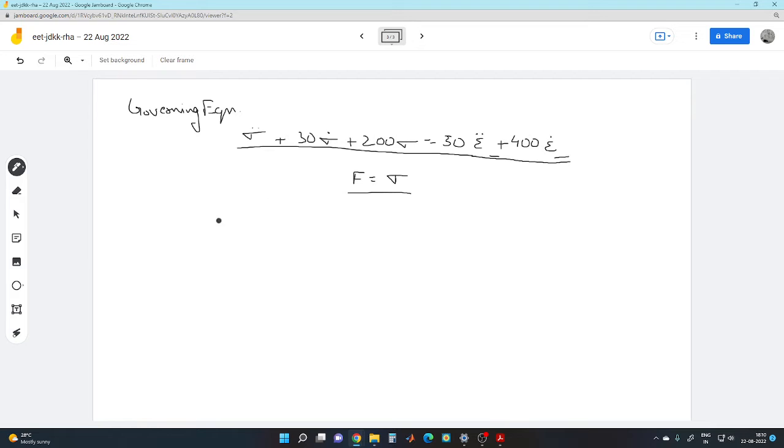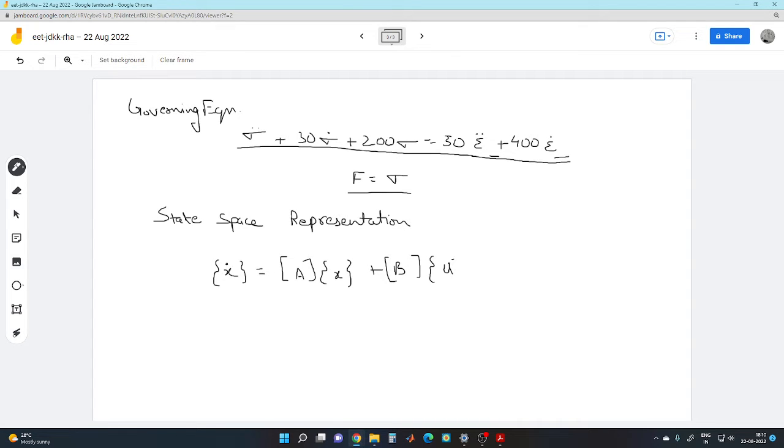And if we remember, the state space representation can be given as x dot vector is equal to A matrix multiplied by x vector plus B matrix multiplied by u vector.